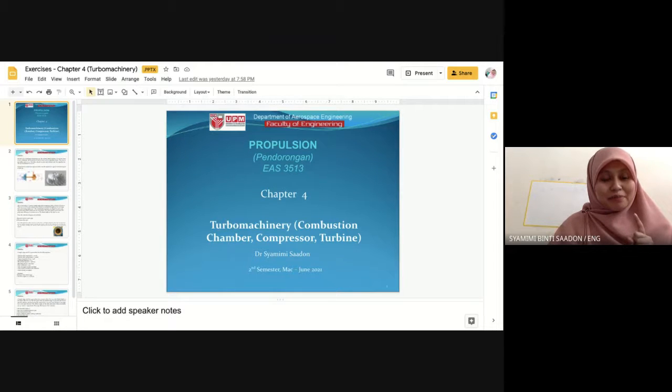In the chapter lectures last week, I presented all the components of an aircraft gas turbine engine: the inlet, subsonic and supersonic intakes, compressor, combustion chamber, turbine, etc. But for the tutorial we will focus more on the compressor and turbines, because they are more important for calculation and for evaluation of performance.